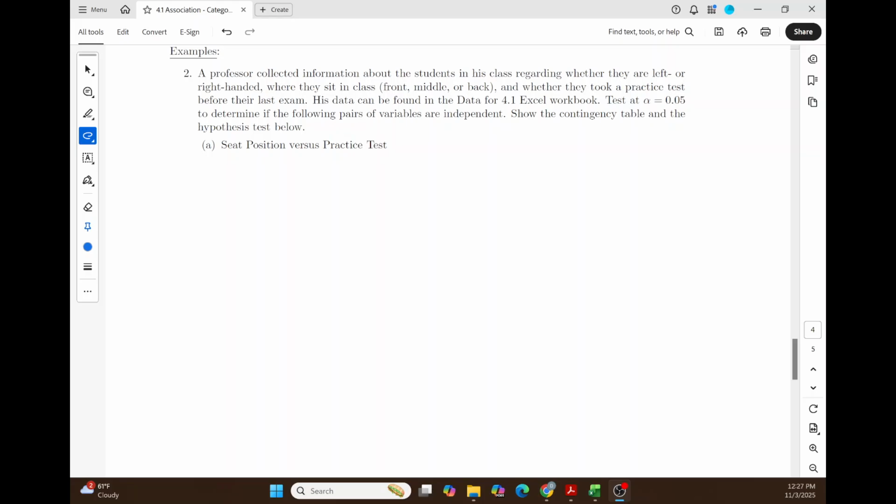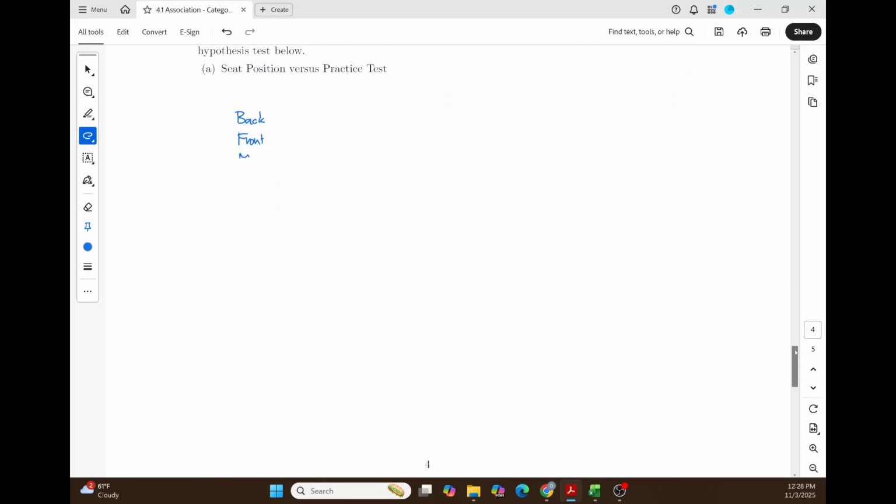Okay, so we had seat position, back, front, middle, and then we have whether or not they took the practice test, yes or no. Okay, so there's the contingency table, right?